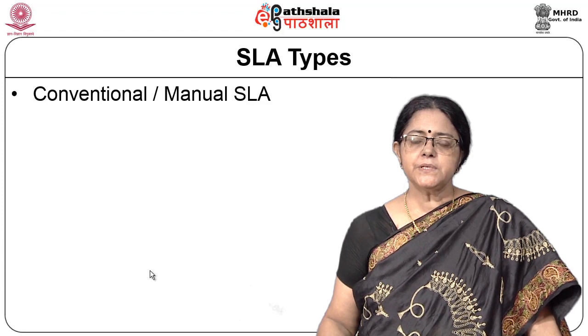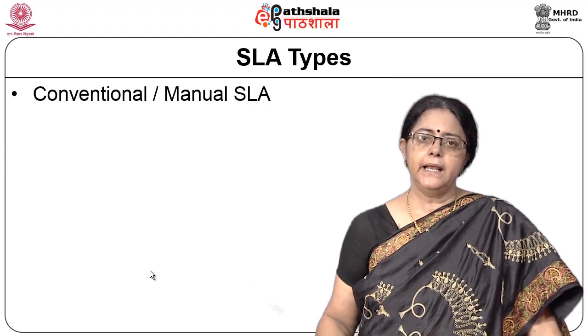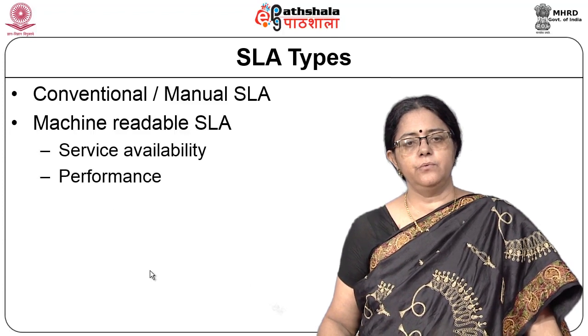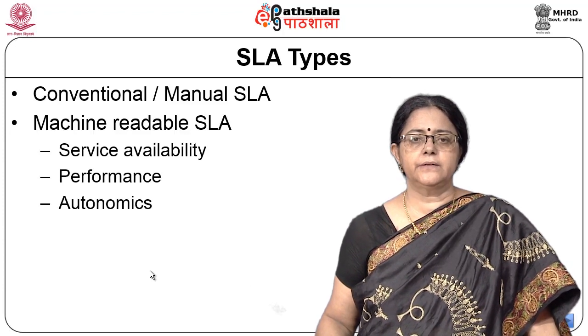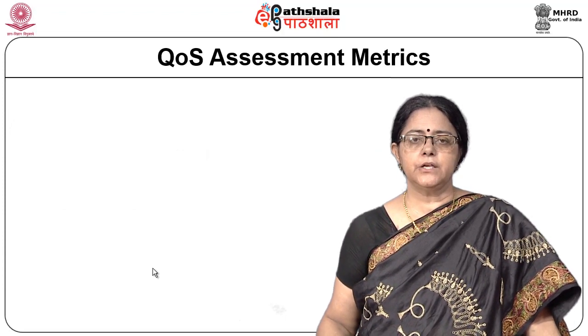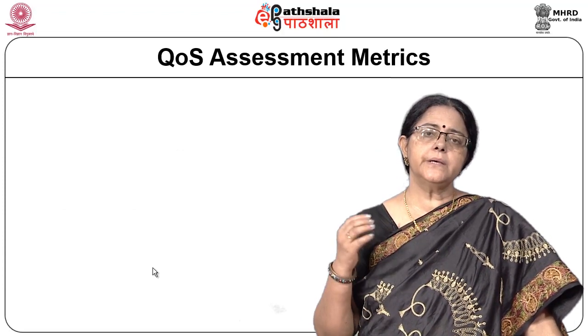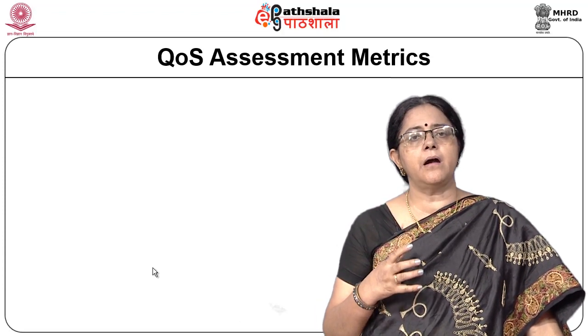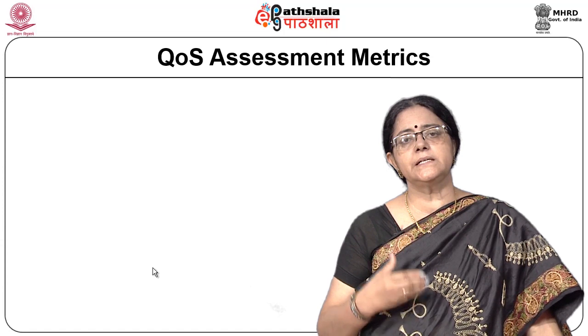There are two types: a manual SLA and a machine readable SLA which contains all the factors. A very close part of an SLA is the QoS, because a large amount of the deliverables are not quantitatively measurable.